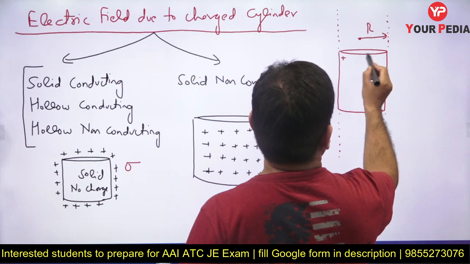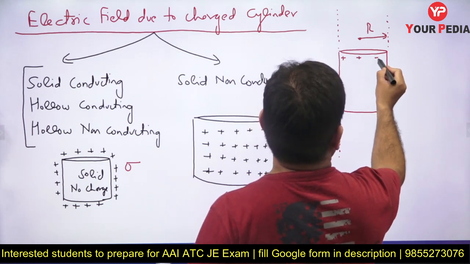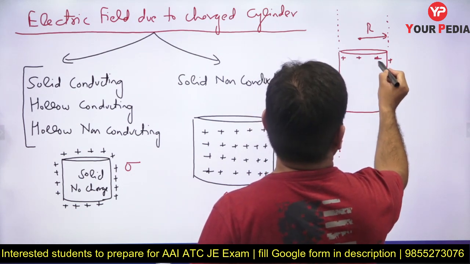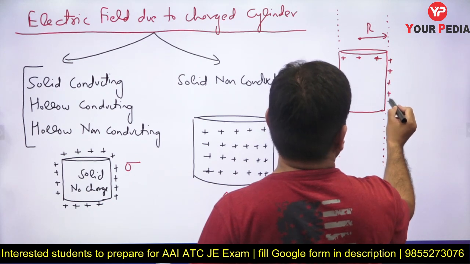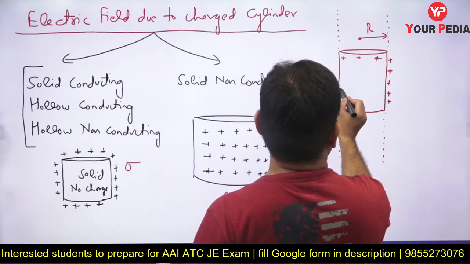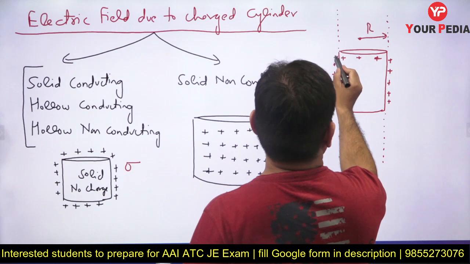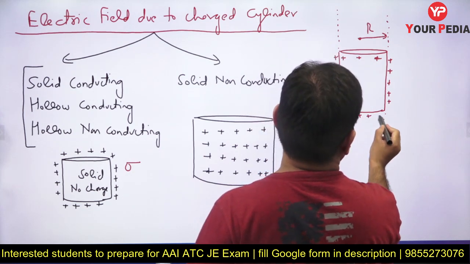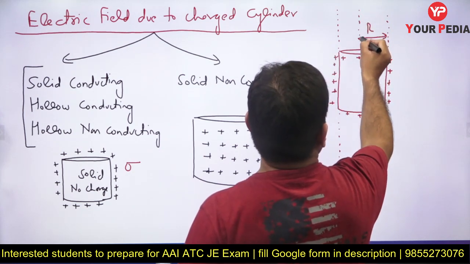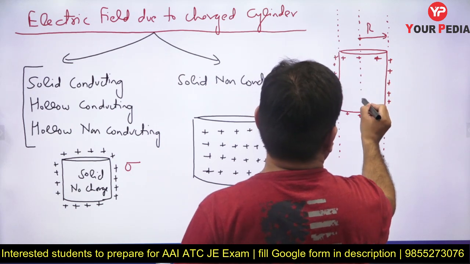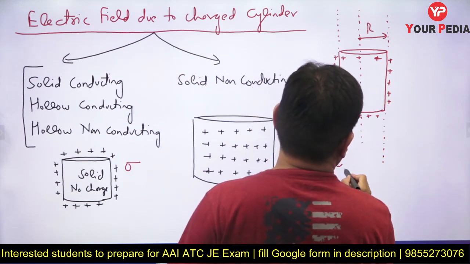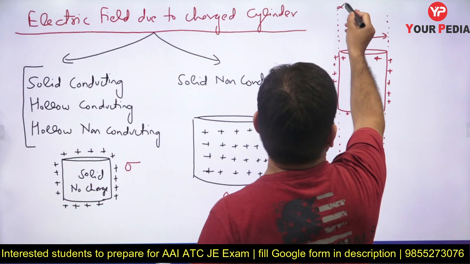And because it is conducting, the entire charge is distributed on its surface. And let us say this is the central axis of this cylinder. It is infinitely long. I hope the diagram is clear.